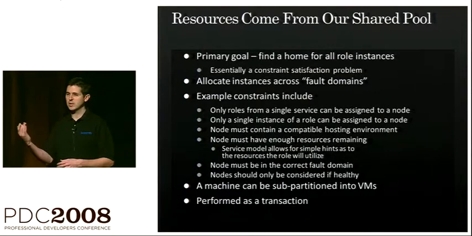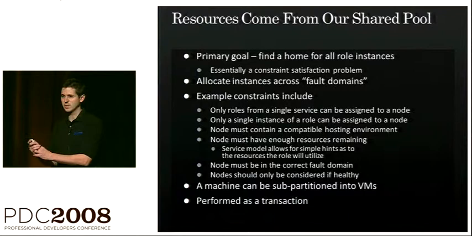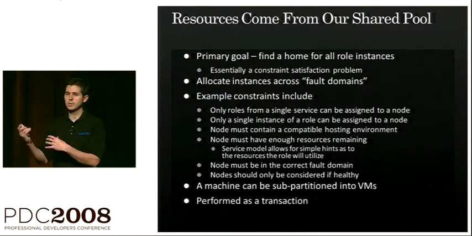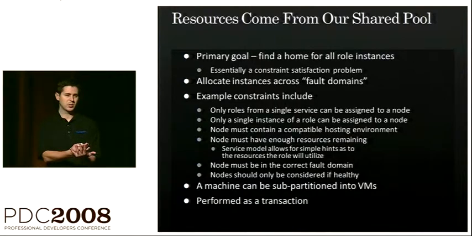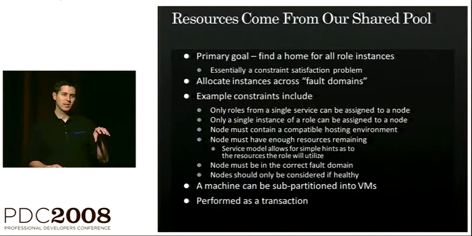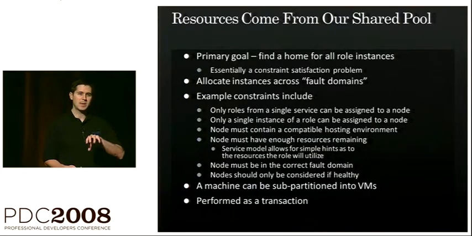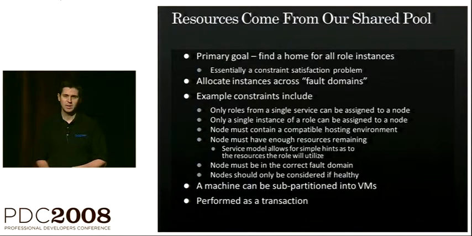And the nodes in your service model are role instances. The edges in the service model are the communication channels between them. So we'll take that graph and overlay it on top of our inventory and try to make sure that each role instance maps to a node that can host it, that has the appropriate hosting environment, that has the appropriate resources remaining, that's in the right fault domain, in the right upgrade domain, etc.